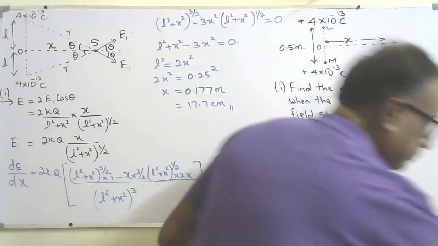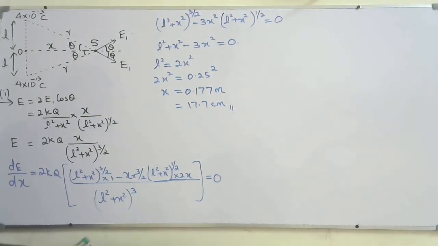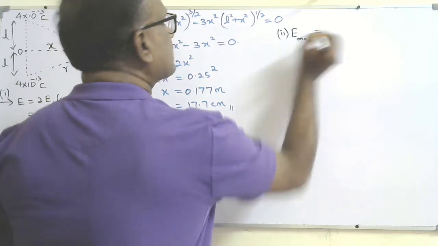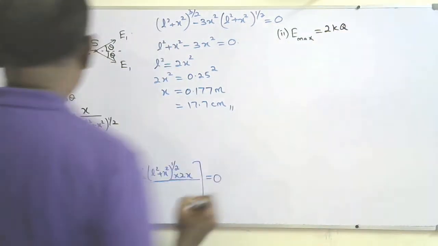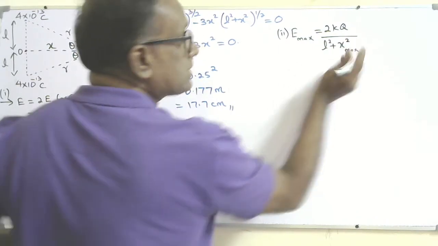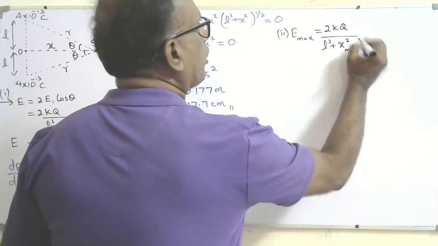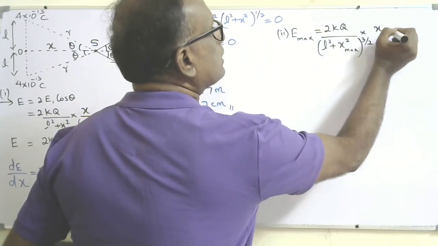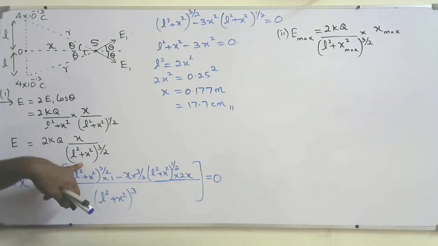E max equals 2kq x over L squared plus x squared to the power 3 by 2, where x is x max, the x belonging to maximum electric field strength.